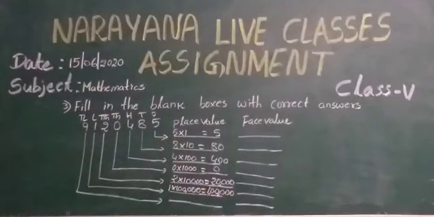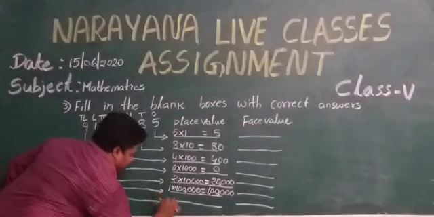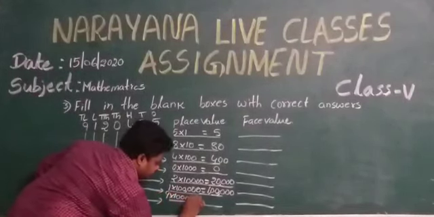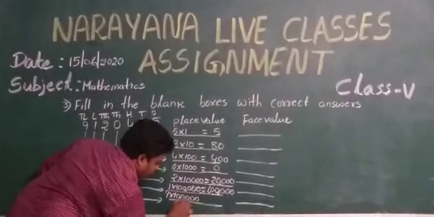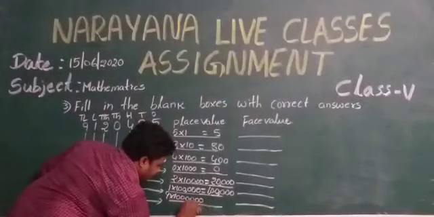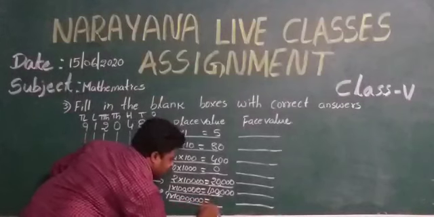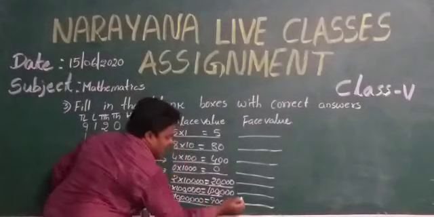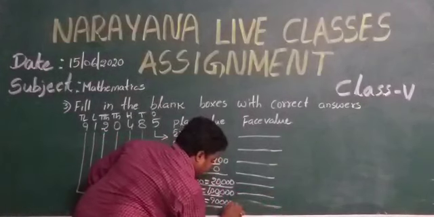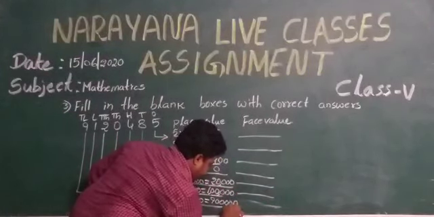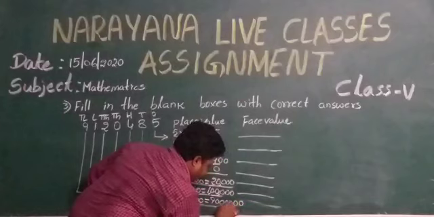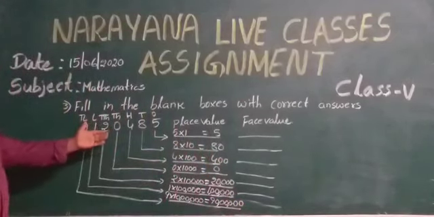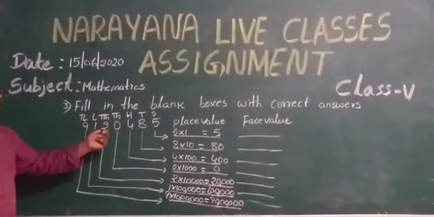Next, 9 belongs to the 10 lakhs place, so 9 into 10 lakhs is equal to 90 lakhs. So these are the place values of 91 lakhs.